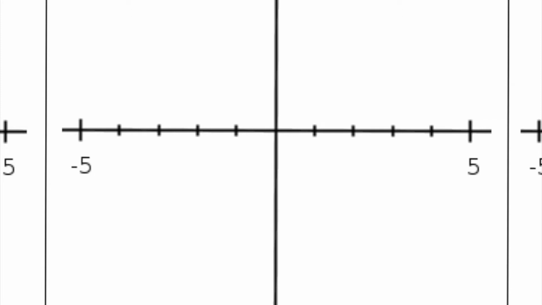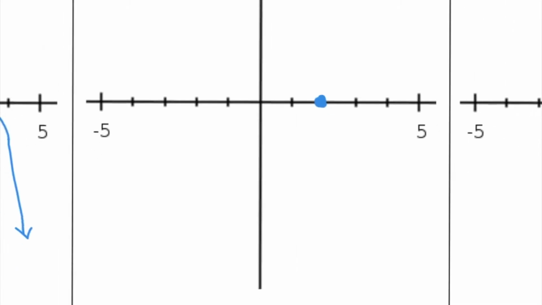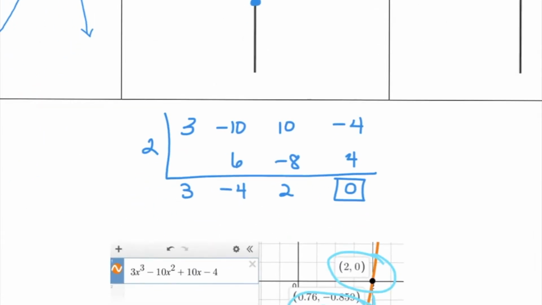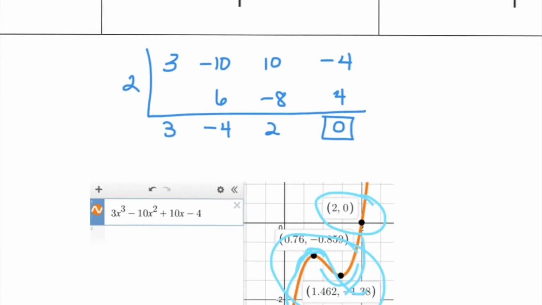So I'm going to graph my one x-intercept, which is x equals positive 2, and then my y-intercept, which is negative 4, and then I've got this little doojiggy here that goes up to that point and down to that point, and it's all real tight inside of that space.